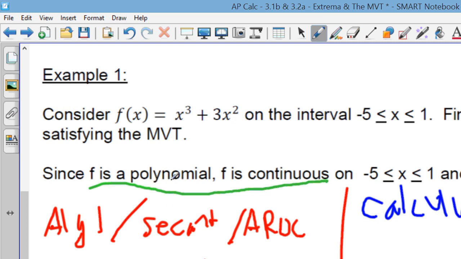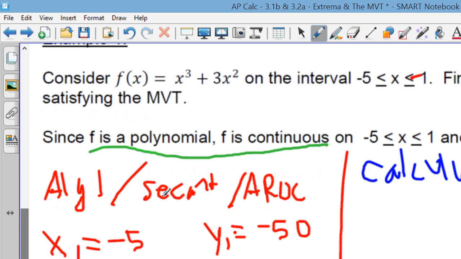If I plug in x1, which is -5 here, I get -125, and then I get 75, so I think I have -50 for that. It's possible that mistakes happen. If I plug in x2, which is equal to 1 here, I'm going to have 1 plus 3, I'm going to have 4.